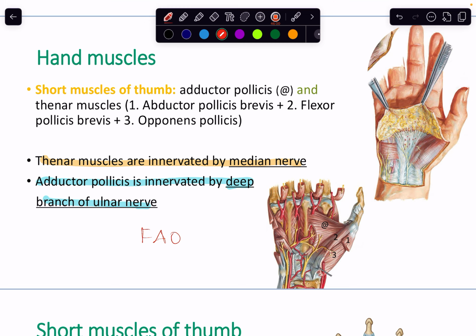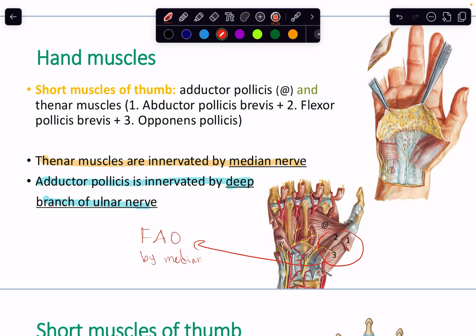These are the first letters of the 3 muscles, both in the pollicis and the digiti minimi. So you know this is digiti minimi and this is pollicis. Thenar with the pollicis, hypothenar with the digiti minimi. Since both are originating and inserting in the hand, they are all brevis, right?